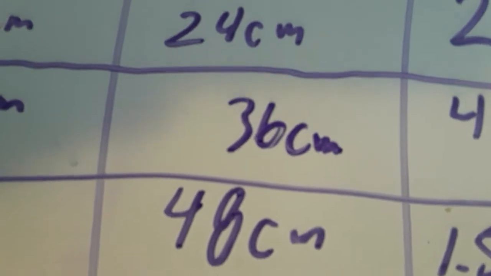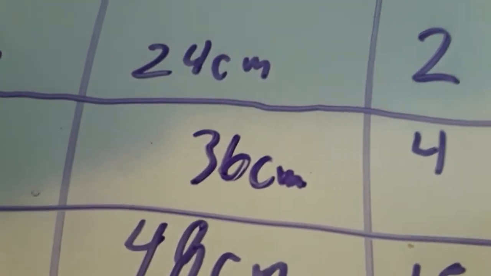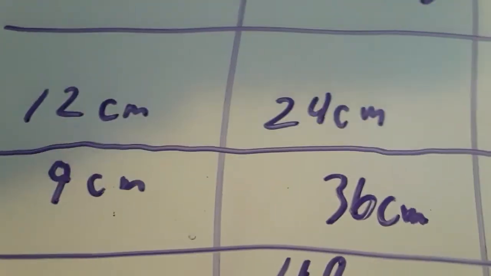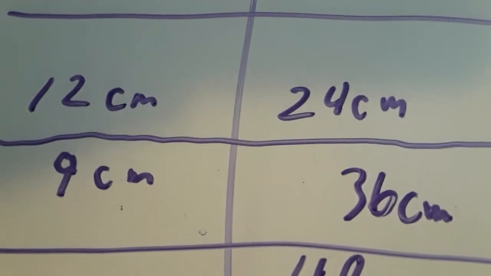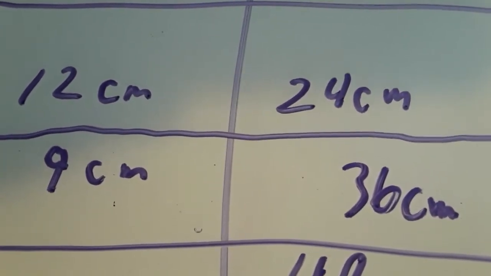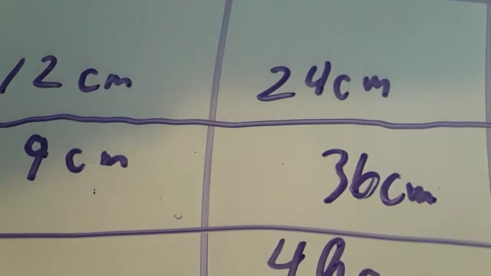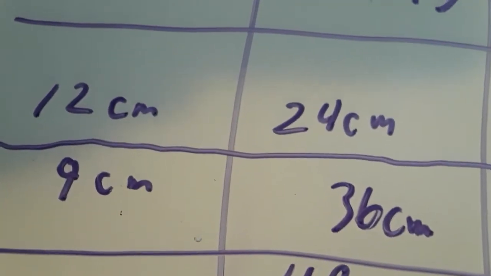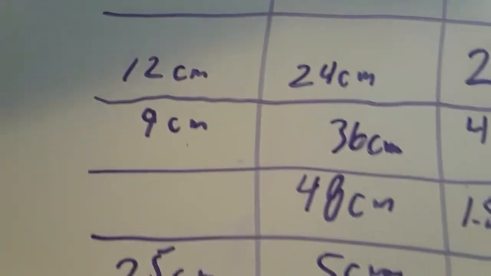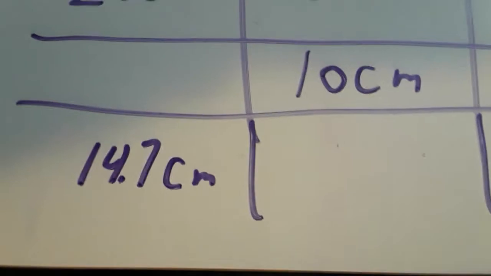Of course that makes sense because a scale factor greater than 1 means an enlargement, and in this case it's 4 times larger, and 36 is 4 times as large as 9. Let's see if we have another example of this. Yes, we do. Down here we are given an original length of 14.7 centimeters. Let me just fix that a little bit here.